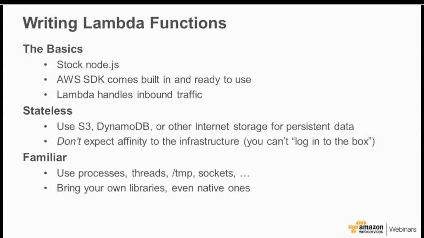There was no data to store. But if we had wanted to retrieve information from, say, Dynamo or from S3, we would simply have reached out and grabbed that information on demand. And then Lambda will reuse your container in many cases, allowing you to get effectively a local cache of that information. Now, the second piece of statelessness here is that there's no affinity to a particular piece of hardware.